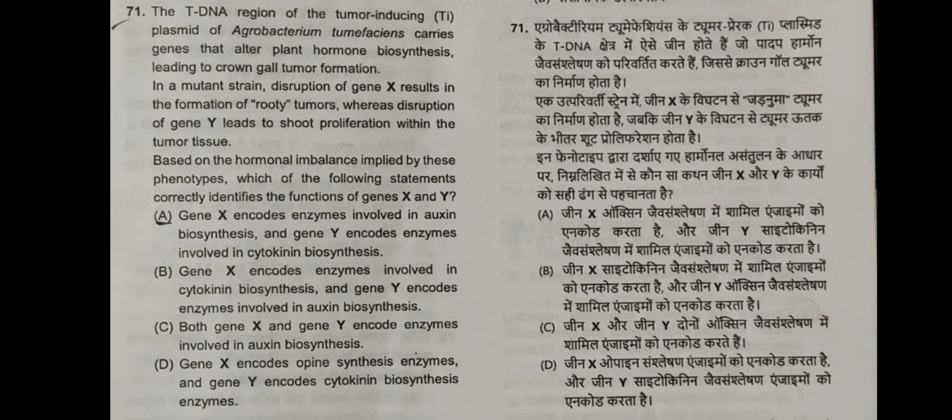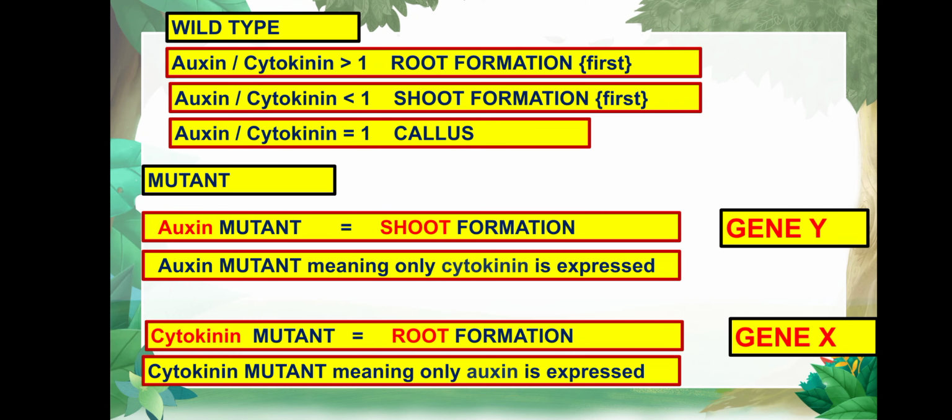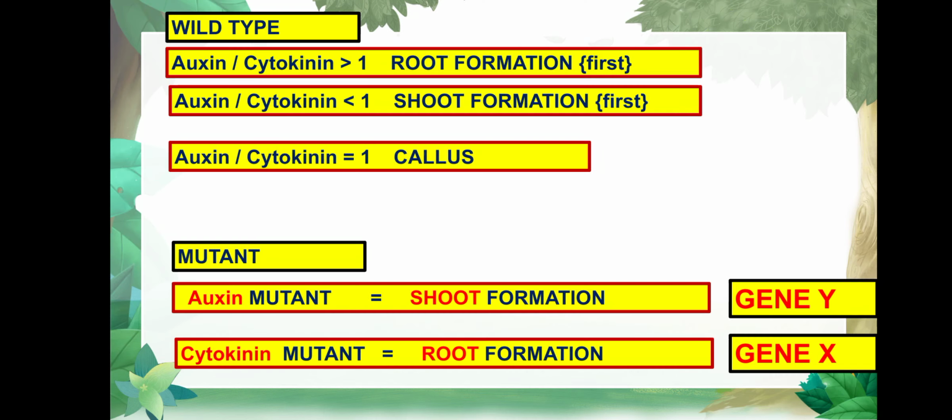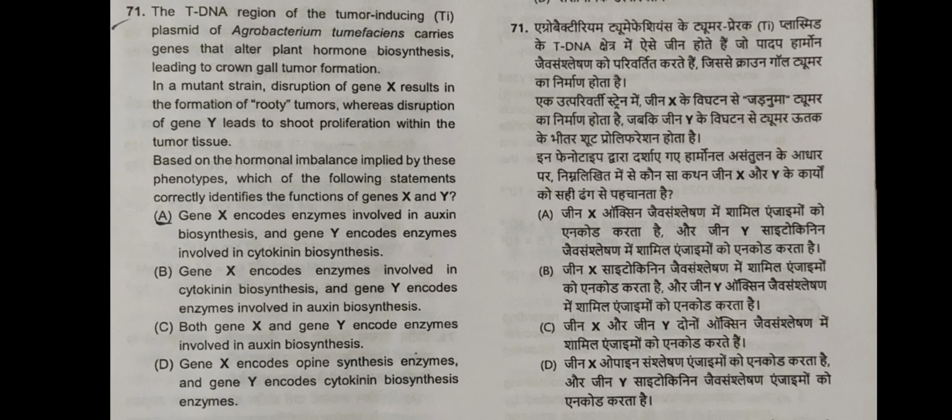It has already been told earlier that this is in a mutant strain. And gene Y encodes an enzyme involved in auxin synthesis. Gene Y is involved in auxin synthesis, but that is being mutated, so there is a formation of shoot. And option C says both gene X and gene Y encode enzymes involved in auxin biosynthesis. This is not similar to the paragraph.